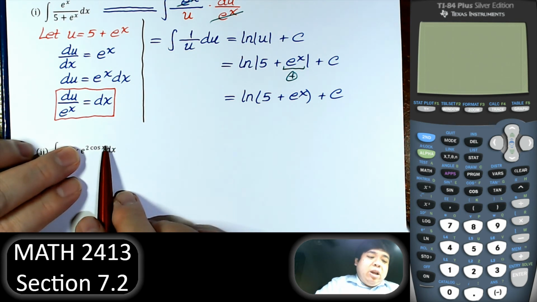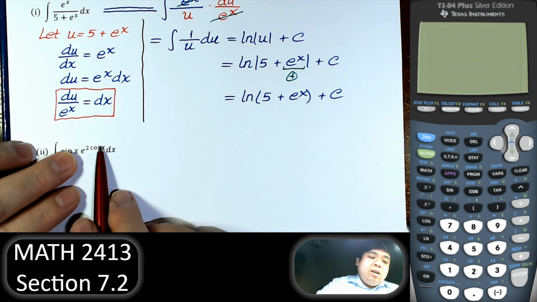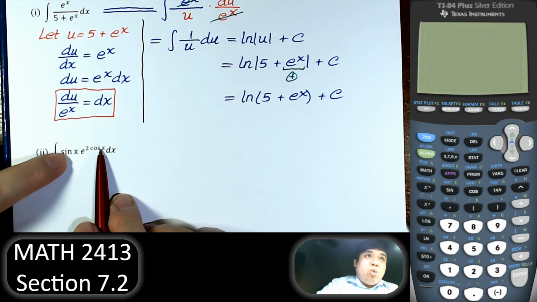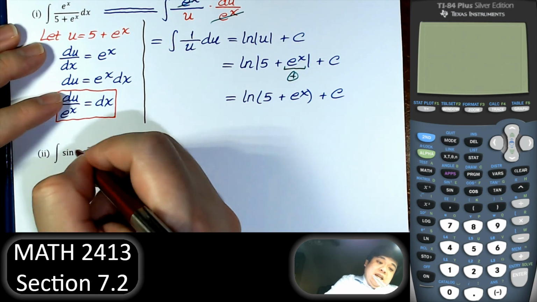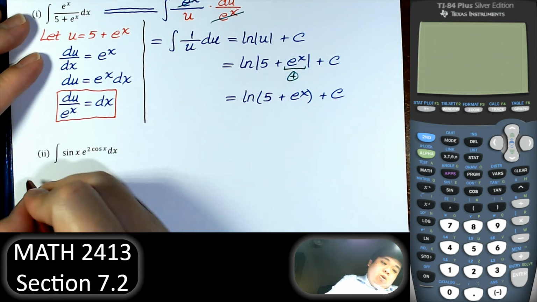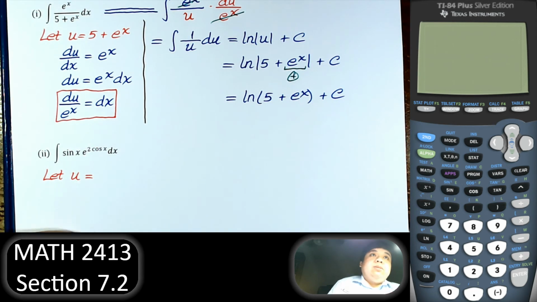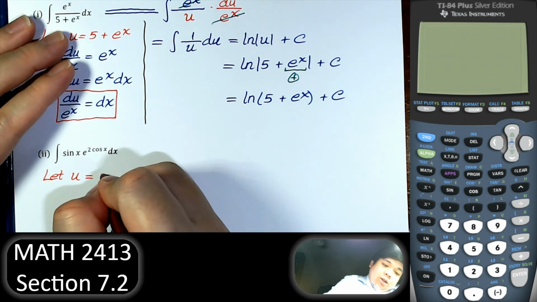So if we let u equal cosine x, the derivative of cosine is negative sine. That sine x will cancel with this sine x. So in this case, it will be better if we let u equal the exponent, 2 cosine x.